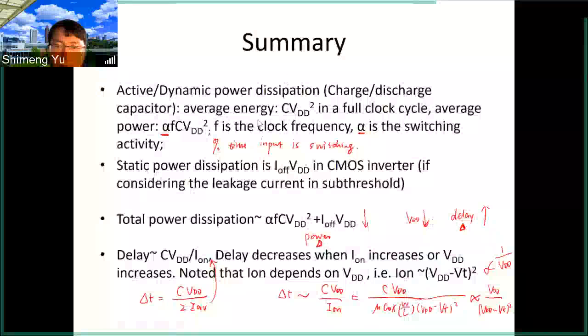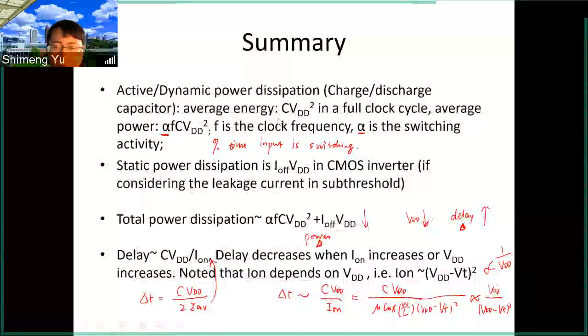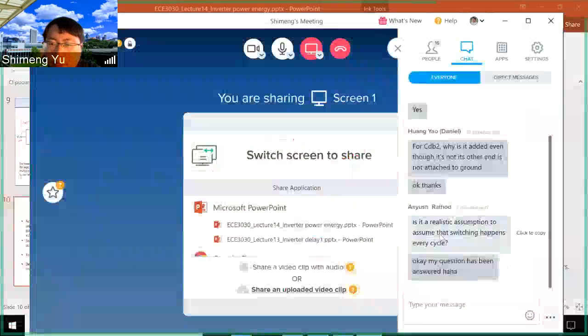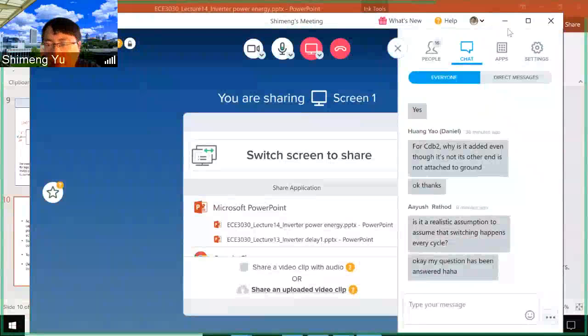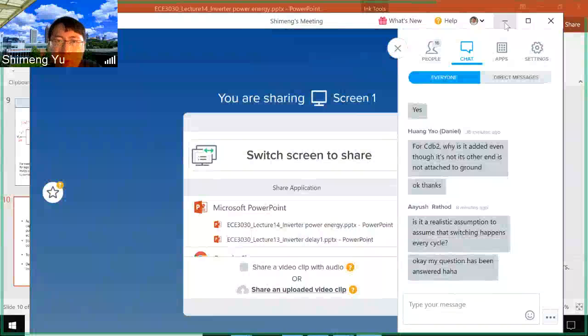All right, any questions? Yeah, the switching may not occur every cycle, depending on your workloads, like your software program, and on what logic function you are implementing.